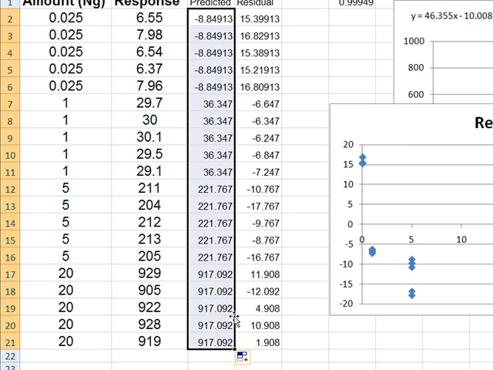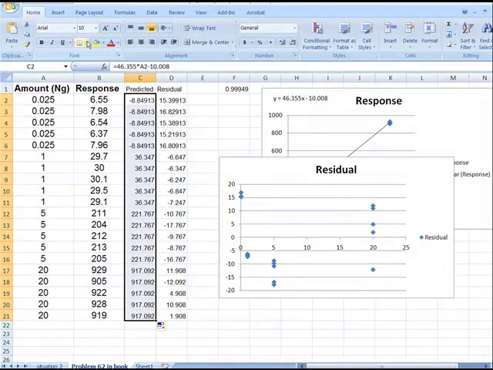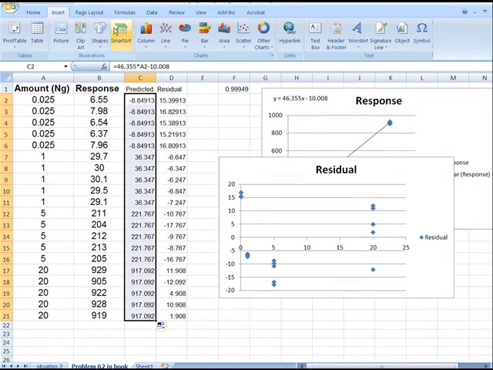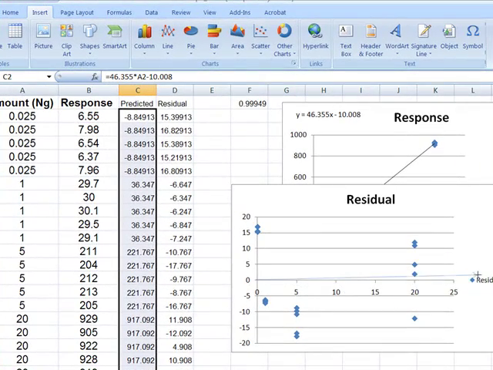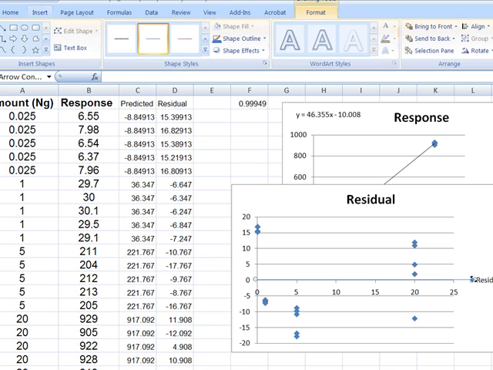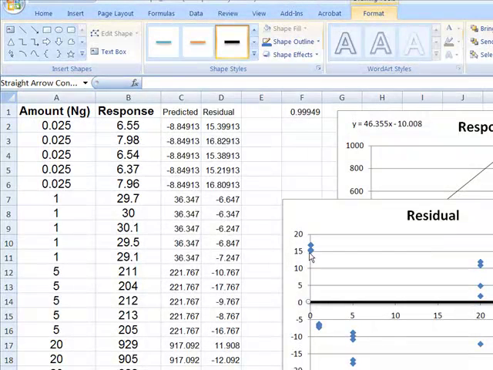Now, looking at my residuals, things don't look too good. Again, let me emphasize where y equals 0 is. There's y equals 0. And now I see that something is terribly wrong. Look, see these points right here?